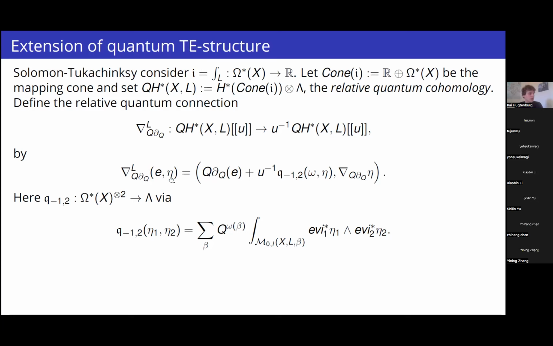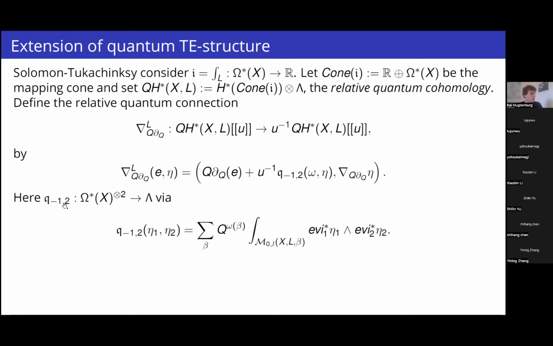On the differential form part, it's just the connection that we already defined. On the real number, the first bit is just given by taking the derivative. And then there's an additional u to the minus 1 term, which is given by this operator q minus 1, 2. As inputs, it takes a symplectic form and the differential form that we're acting on.